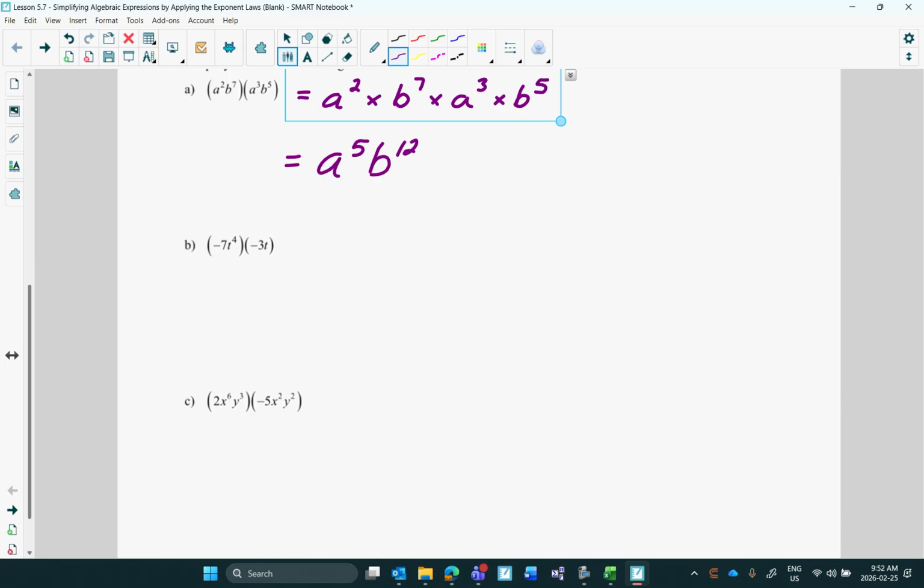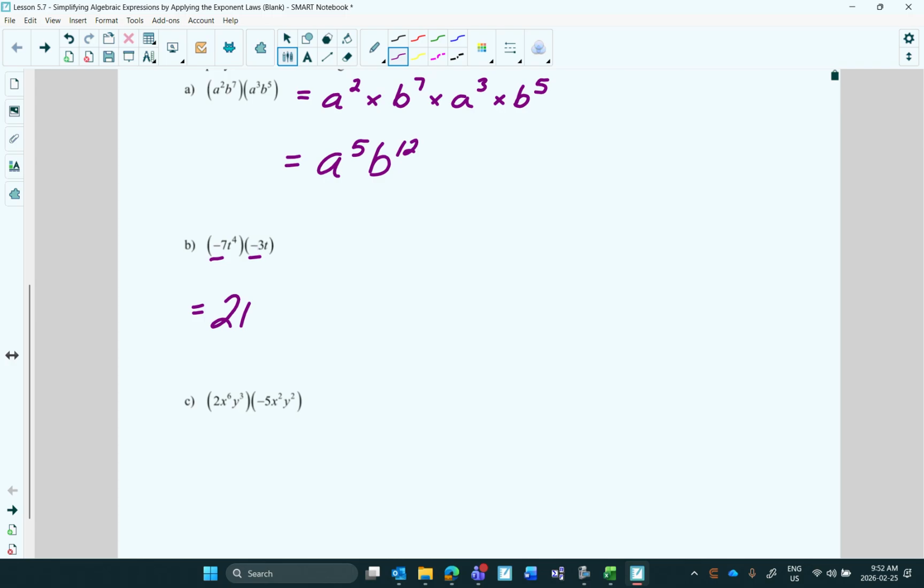C, very good. Coefficients. So what happens when we have coefficients? Multiply those together. These aren't exponents, so we're not adding them. So what's -7 times -3? 21. Now, multiply the powers of t together.